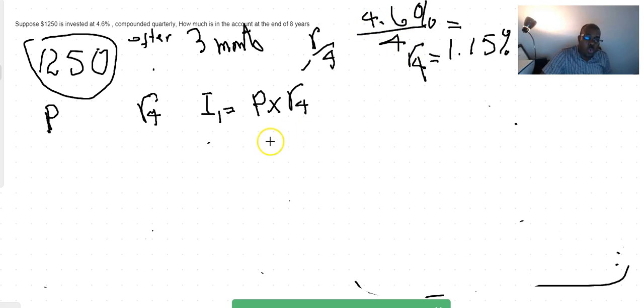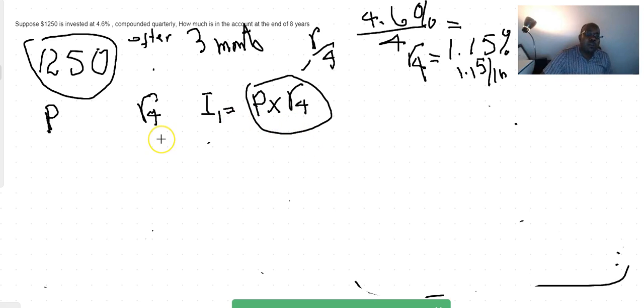When I do my multiplication, it's gonna be 1.15%, which is basically 1.15 divided by 100. You can put it in decimal value, whatever. So this is gonna give me my interest.